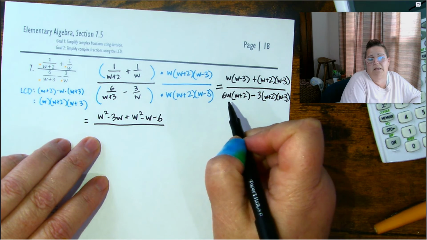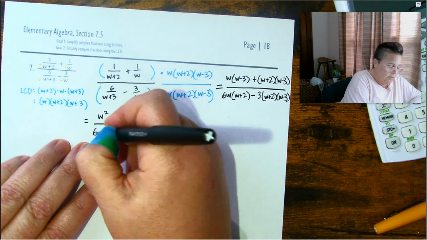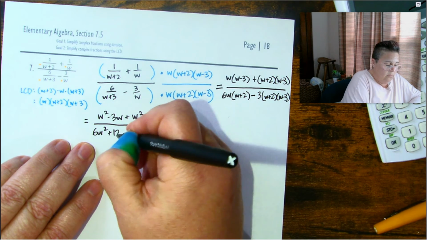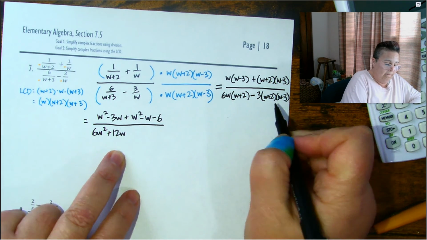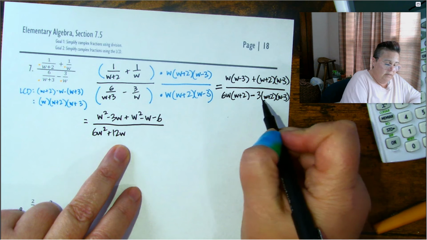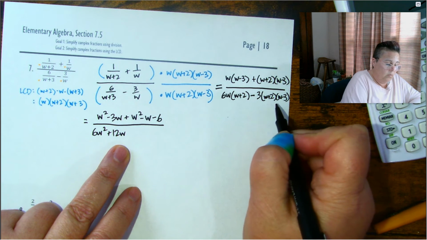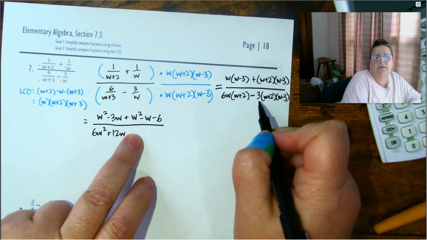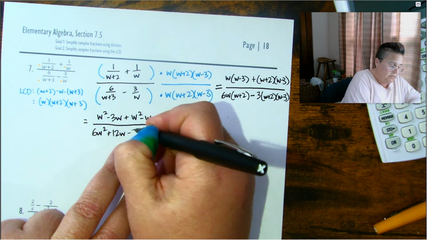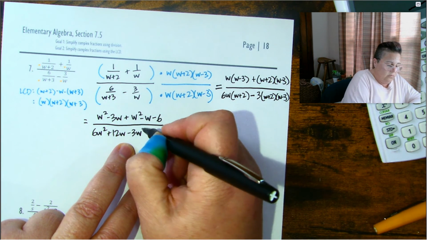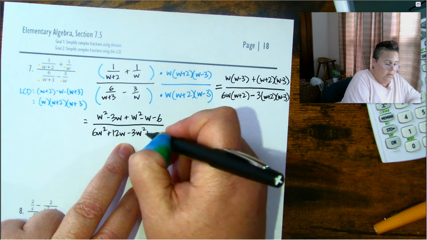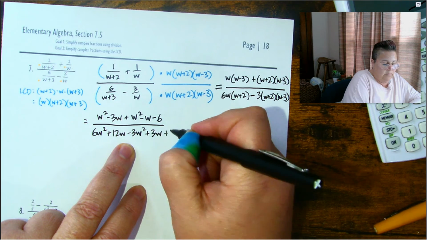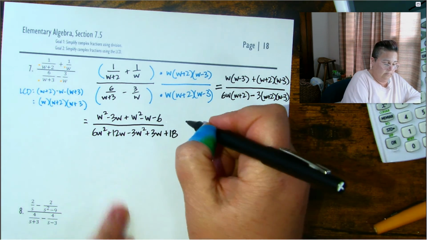In my denominator, I have a 6w squared plus 12w. Then that w squared minus w minus 6 times a negative 3 gives me minus 3w squared plus 3w, and minus 3 times a minus 6 will be a plus 18.